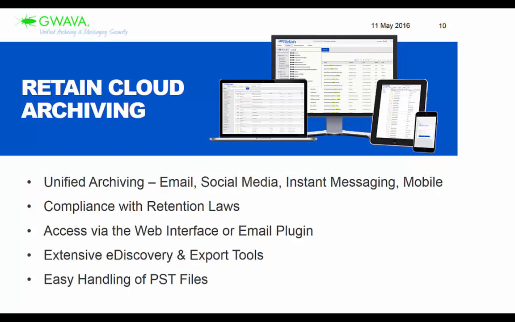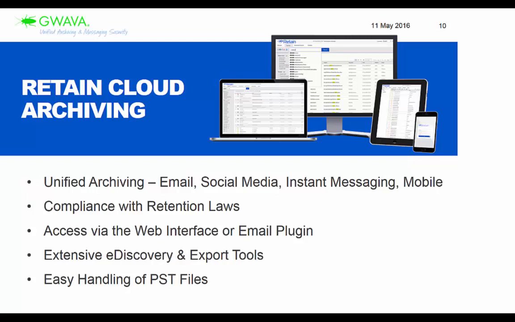There's not a limit on how much you can archive in Retain, but there are pricing structures. So what I'm guessing is your question probably has to do with how much you get. Let me back up. There is a base price for Retain monthly when it comes to the Retain cloud archiving.